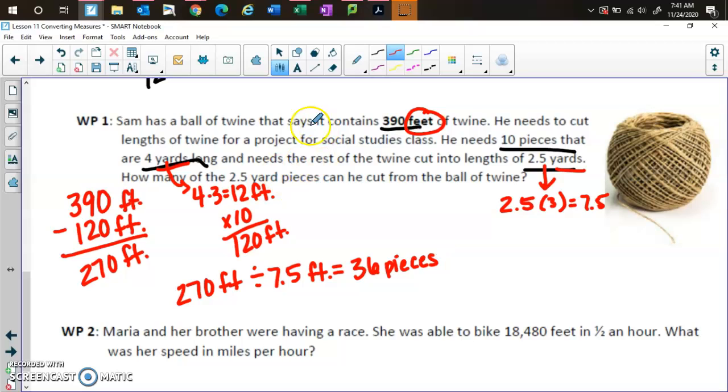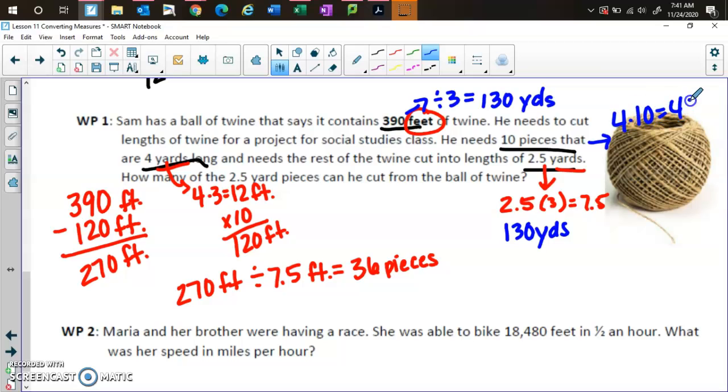The other way of doing it, let's switch over, we'll do a different color here. If I go 390 feet, I could change this, divide it by 3, and I'm going to get 130 yards. I need 4 yards times 10. So 4 times 10 is going to be 40 yards.